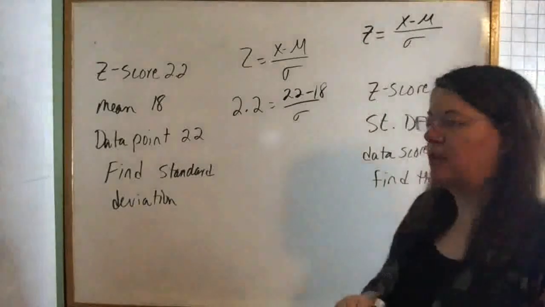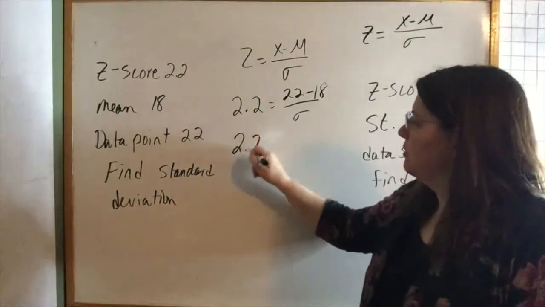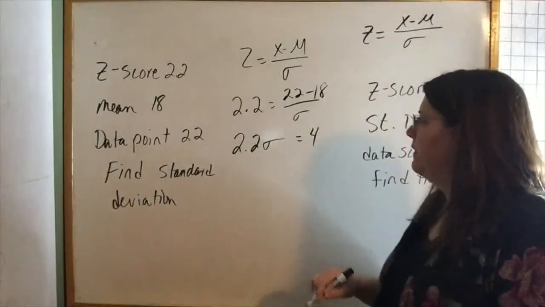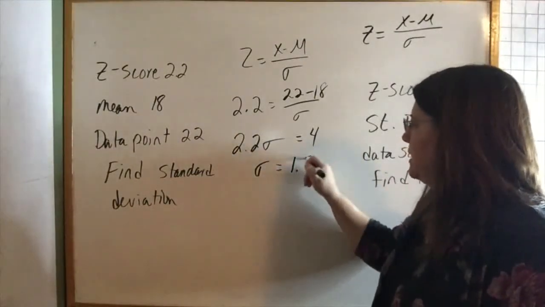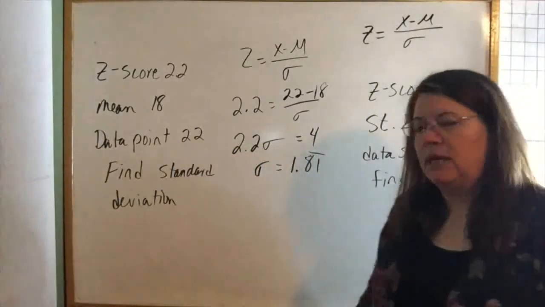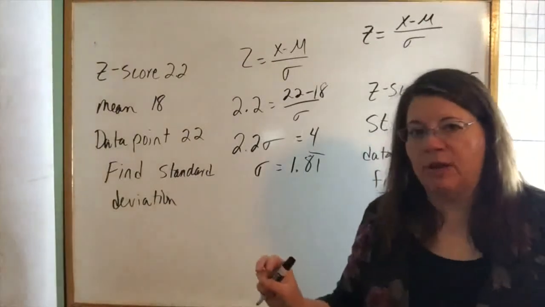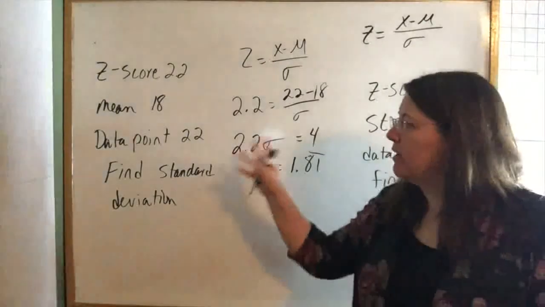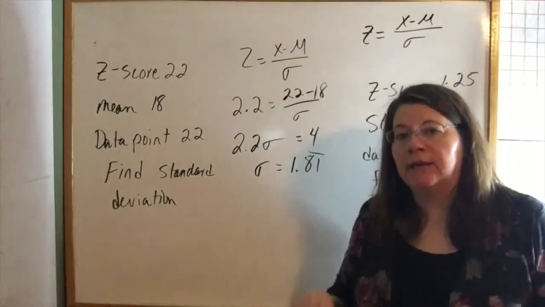I don't know what the standard deviation is. I will multiply over the standard deviation, and that gives me a 4. And then I would divide 4 by 2.2. And that gives me 1.81 repeating. With the z-score, it has to be rounded to 2 decimal places, but for the rest of these, you'll just need to read the directions and see what they ask you to round them to, and that's what you would do.